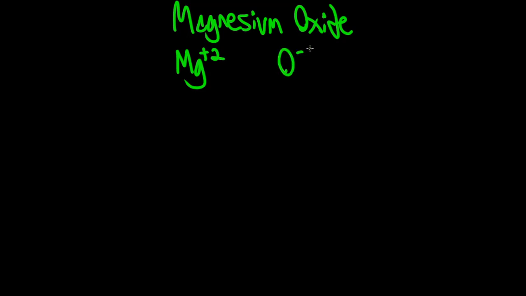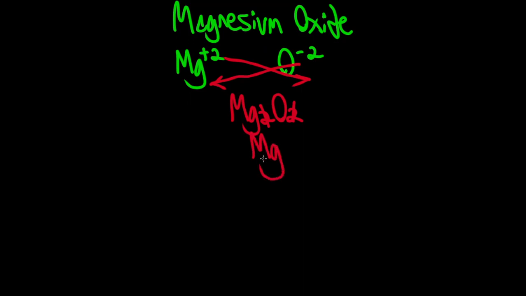I have oxygen, it's going to have a -2 charge, and I do my crisscross, and I get Mg2O2, and I can reduce that further to MgO. And my hazards for all of my oxides are going to be that heat and caustic solution production.